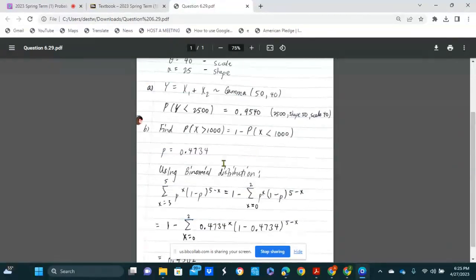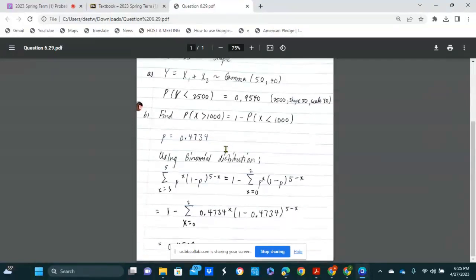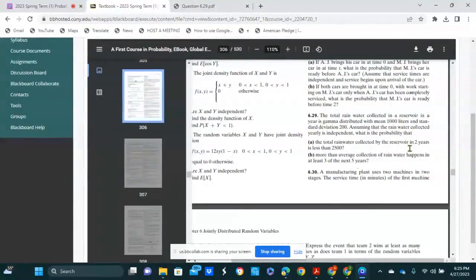And I got 0.4734 again in the calculator. And using the binomial distribution, I got 0.45. Okay, nice. So it's a 45% chance of getting 3 of the next 5.